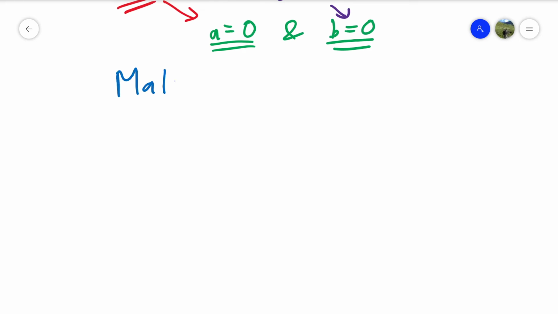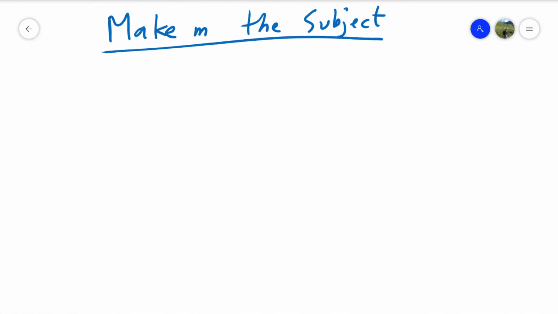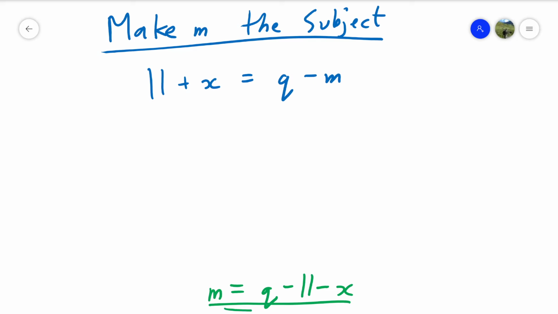Let's do a subject one again. Make m the subject. Have a go in your own time, obviously. Right, the answer is m equals q minus 11 minus x. I'm just going to do it. I personally do not like having minus m.